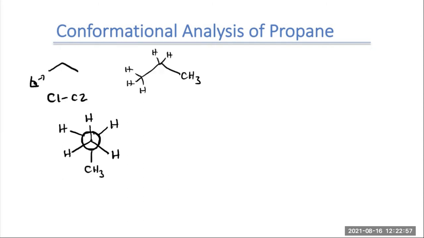So this would be considered a staggered conformation for propane. And then again, I can take my atom and rotate that back carbon. I tend to like to rotate the back one. And we end up with our eclipsed conformation.